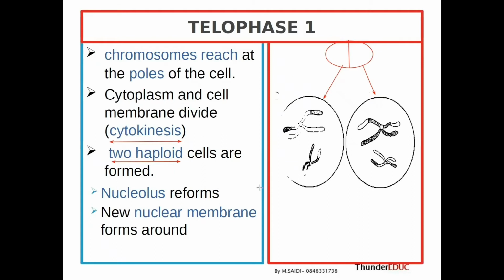Then the nucleus reforms. The nucleolus rather, which disappeared during prophase 1, reforms again, and a new nuclear membrane forms again. So this is what actually happens in telophase 1.